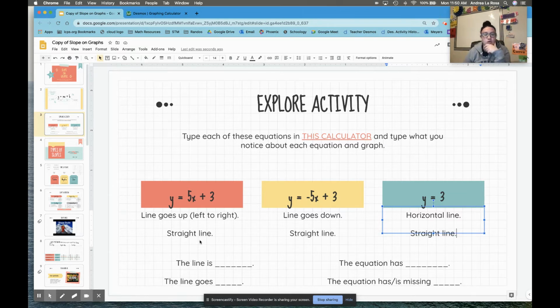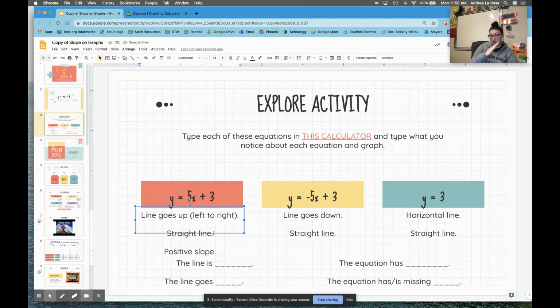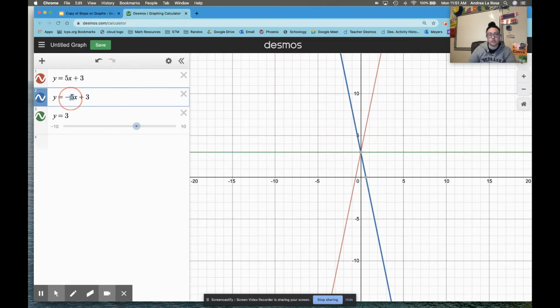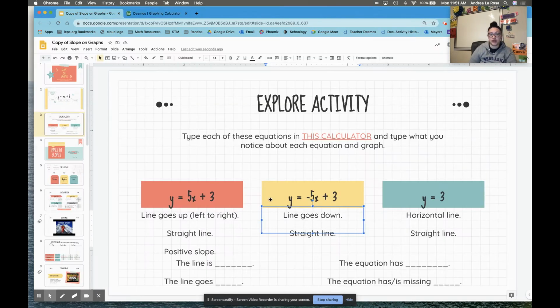Let's talk about what these equations look like. When we had that straight line that was going up, what do you notice about that slope? We had a positive slope. A positive slope is going to make my line go up as I go left to right. When I had that negative slope, my line went down as I went from left to right.